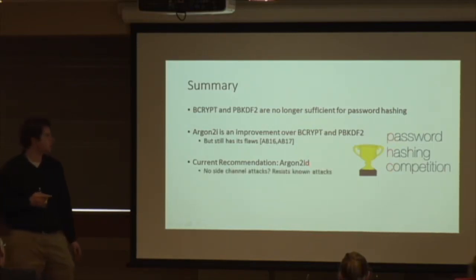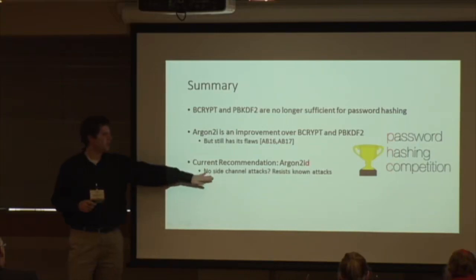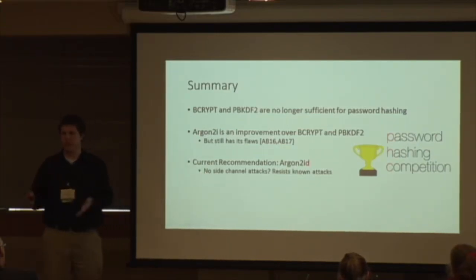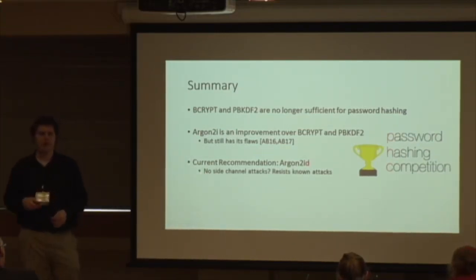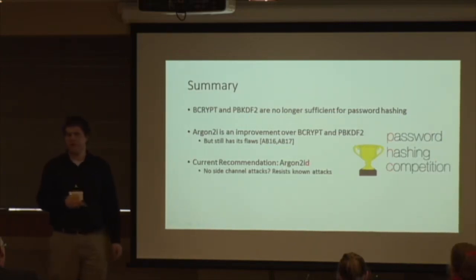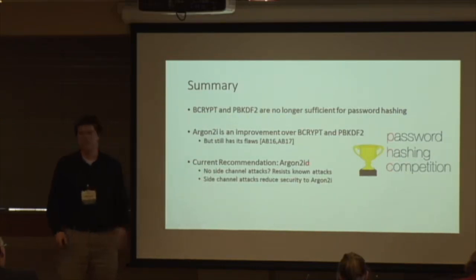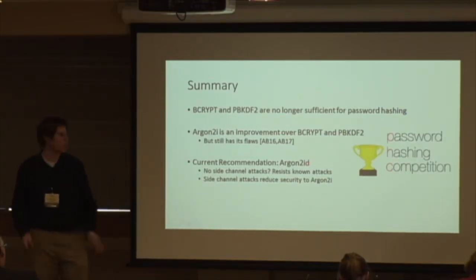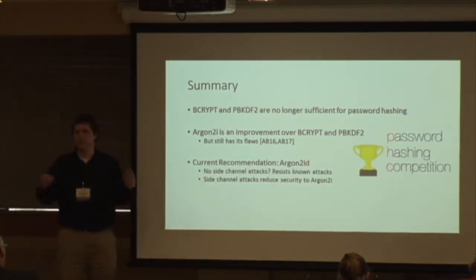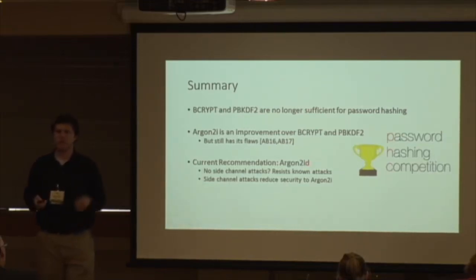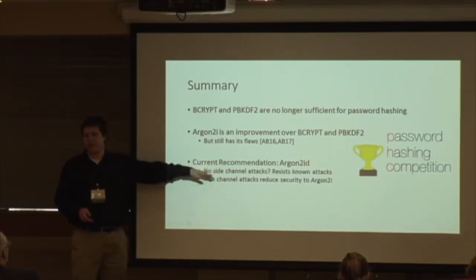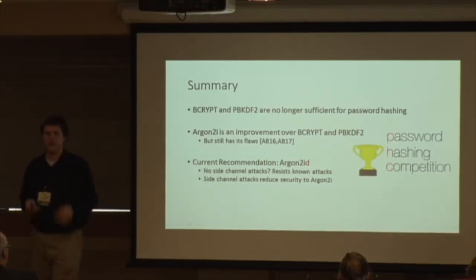So if there are no side channel attacks, then it resists our pebbling attack because it runs in data-dependent mode for half the time. And if there are side channel attacks, then security reduces down to Argon 2i. So it kind of gets the best of both worlds, though it would still be nice to have a function that's fully data independent and has complexity close to n squared.